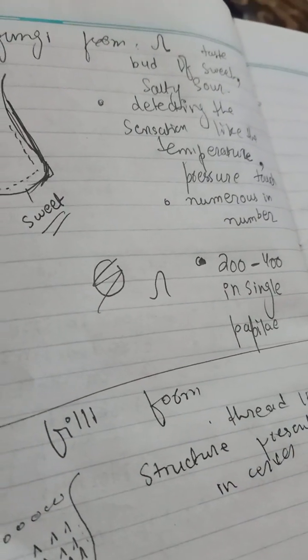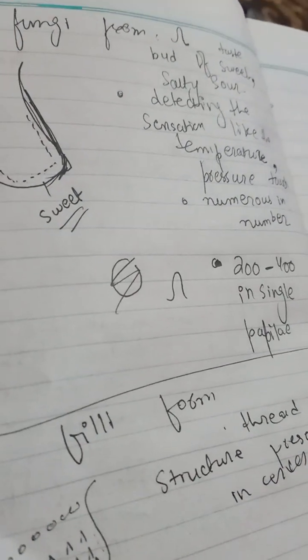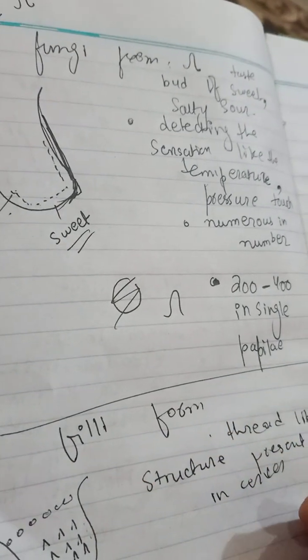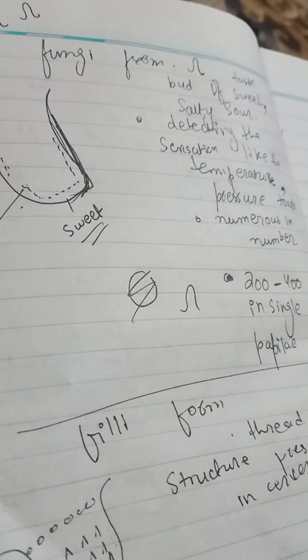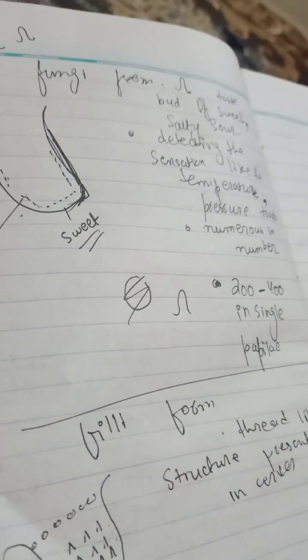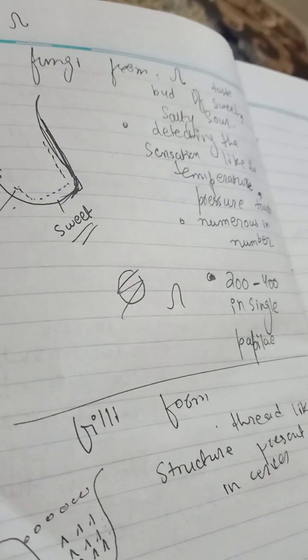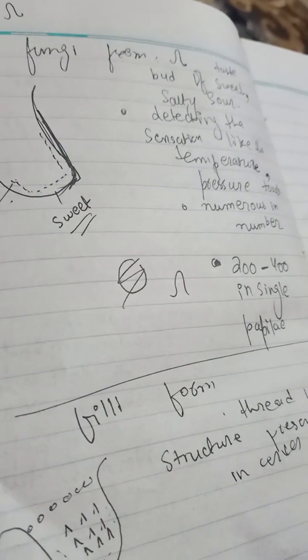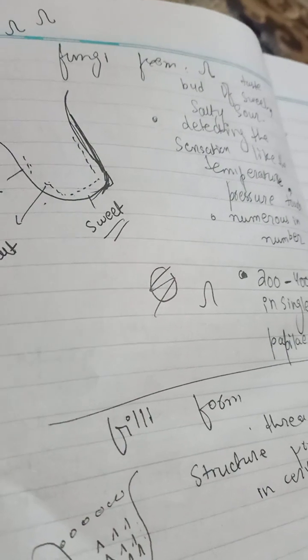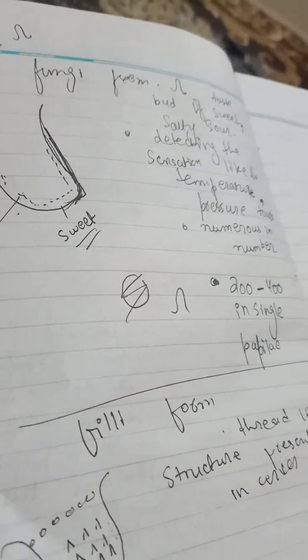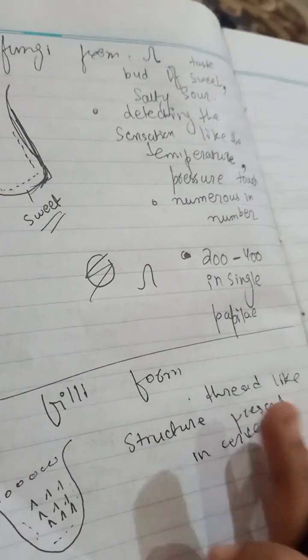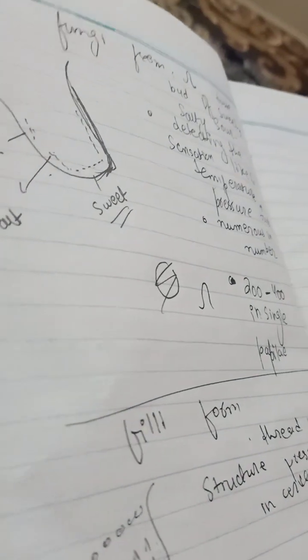So they have the function that helps in chewing any food, they help in speaking, they help during eating, and they have the rough coating of the tongue basically, okay. So these are the functions of the filiform, but they do not have taste buds, okay.